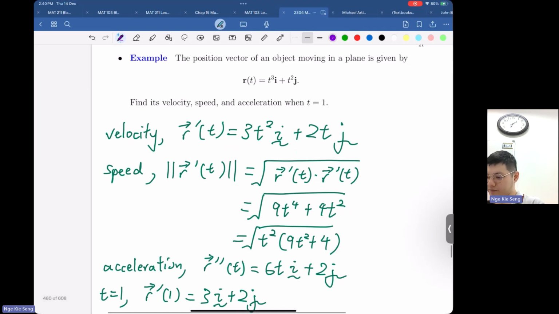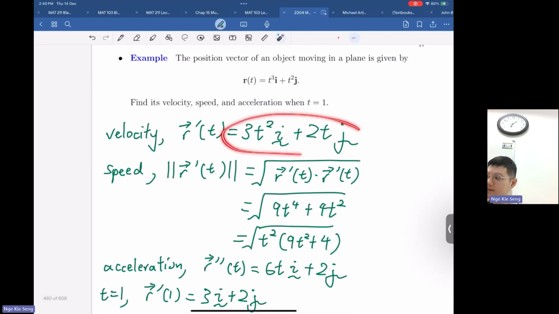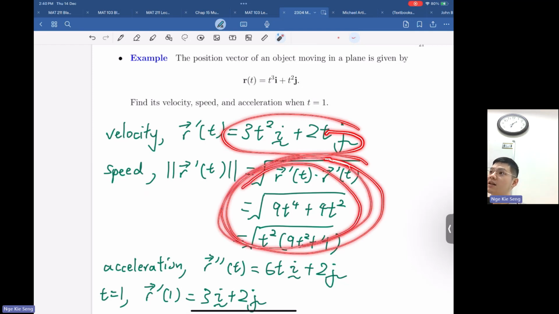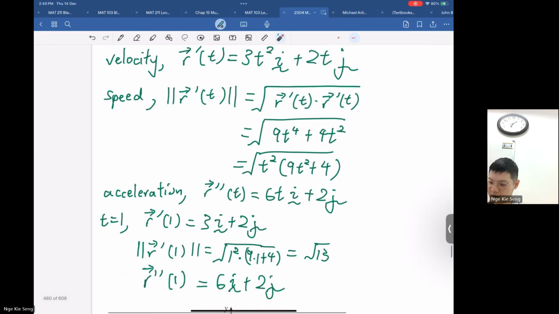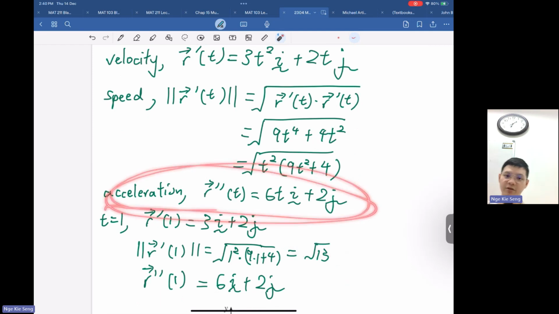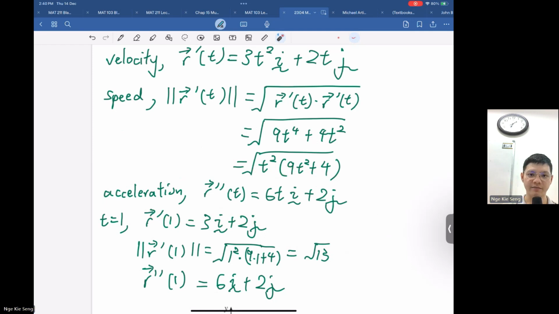Can you see the difference? Velocity here is a vector, but speed here is a scalar. It doesn't have direction. Acceleration, you differentiate twice, and you also have direction. If you want to evaluate at some time t, you just substitute.